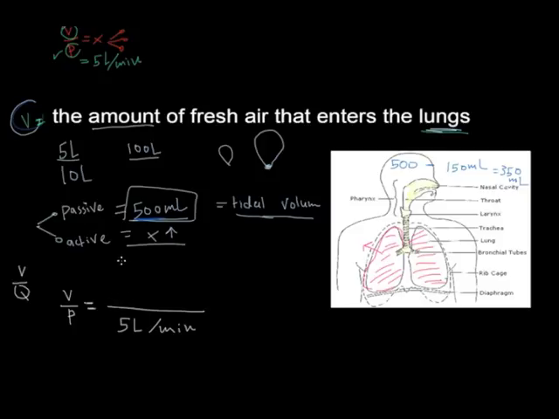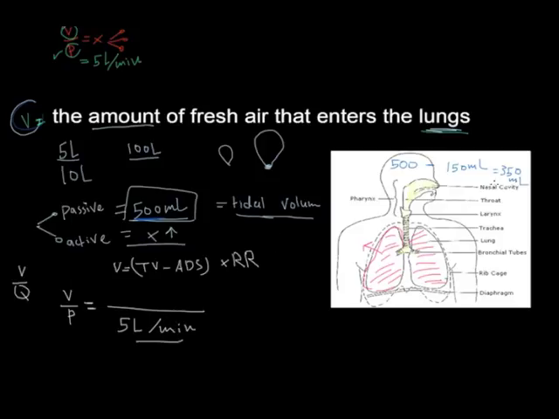So let me write the basic equation for V. V equals the tidal volume minus the anatomical dead space, multiplied by RR, the respiratory rate, which is how many times you take your breath in 1 minute. This is going to enable us to make the two units equal.